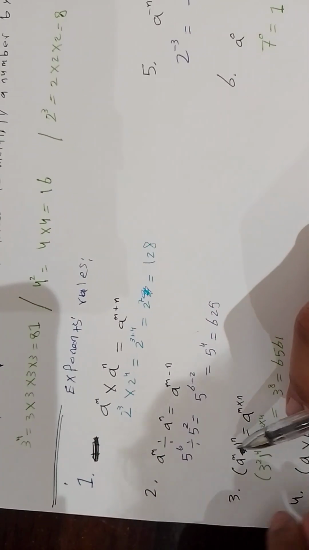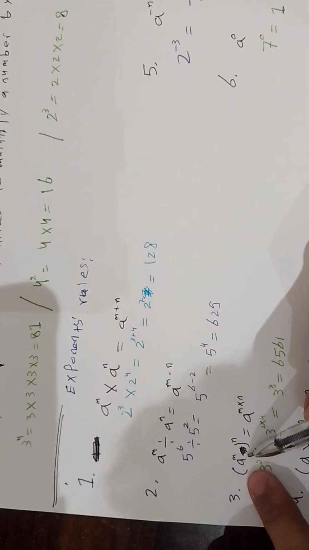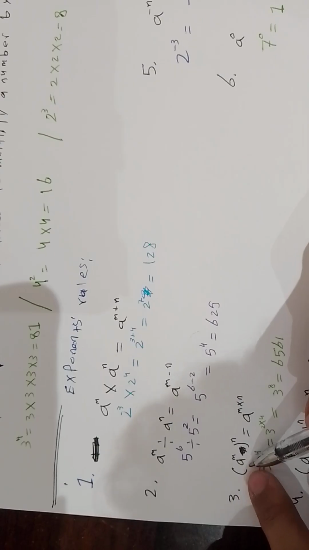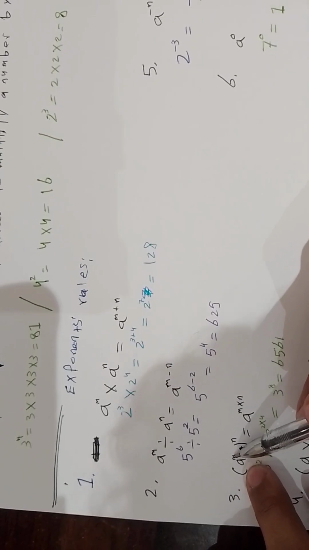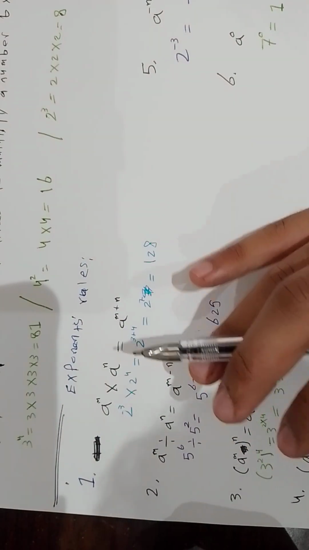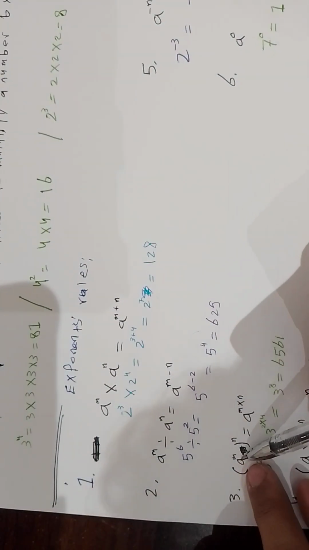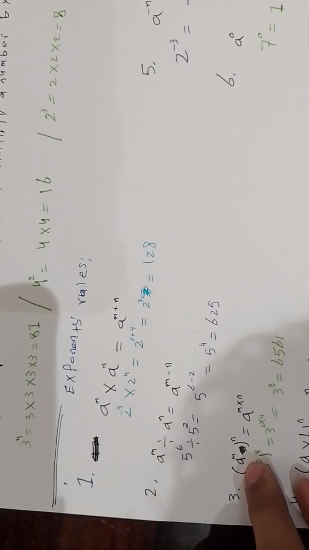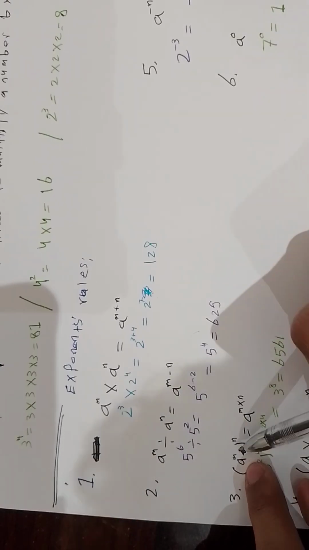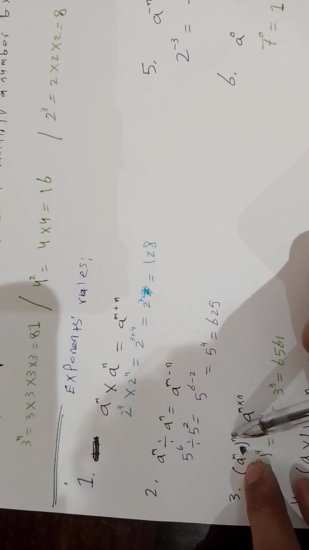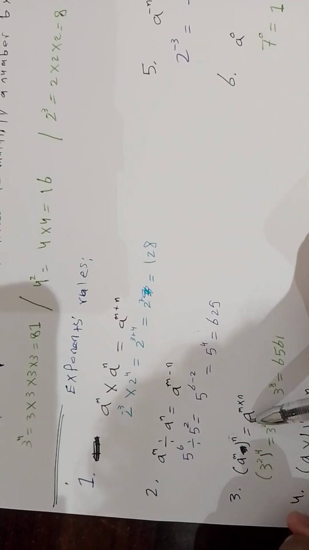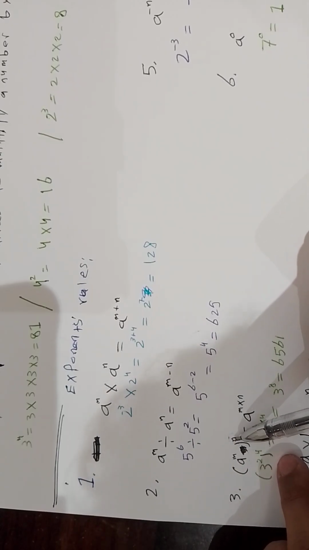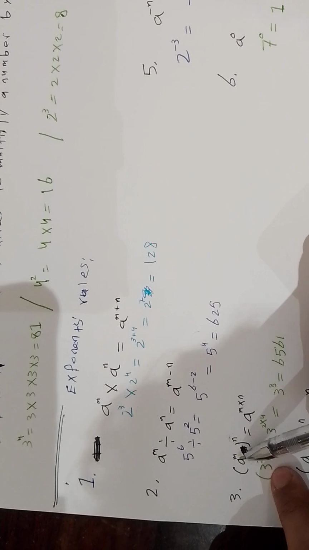So the third one is when you have brackets with a number to some power, and outside the brackets there is another exponent. The rule is to multiply n by m, the two exponents.